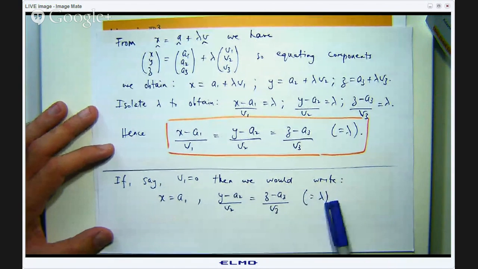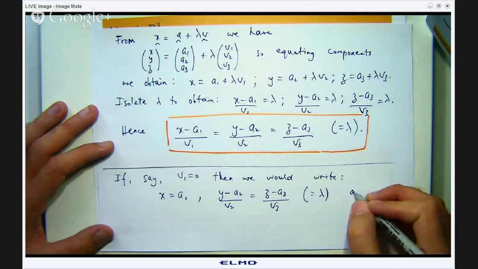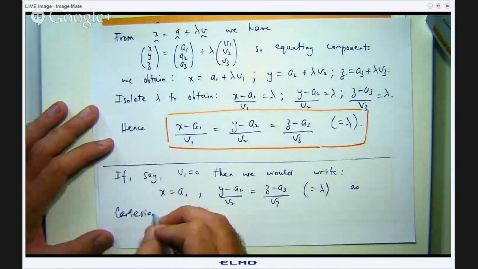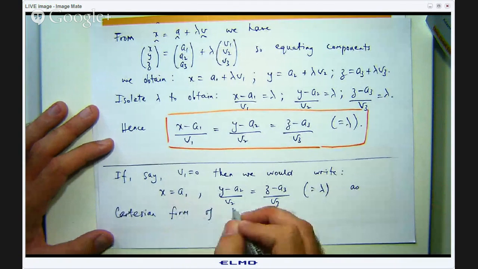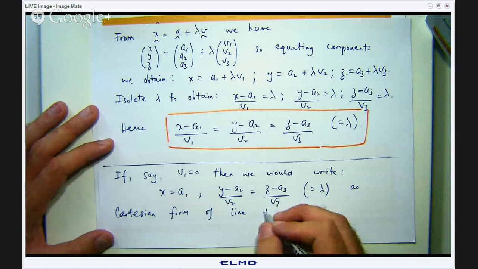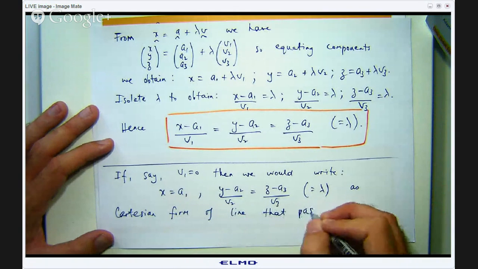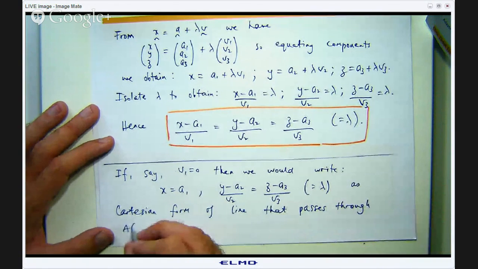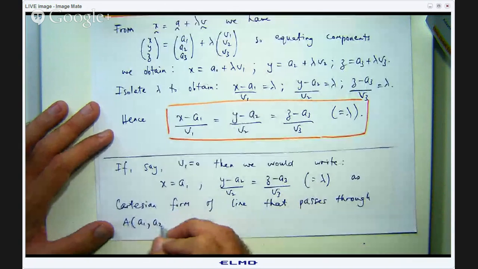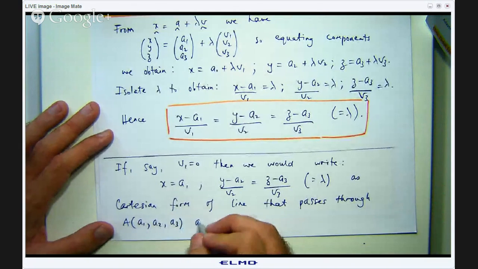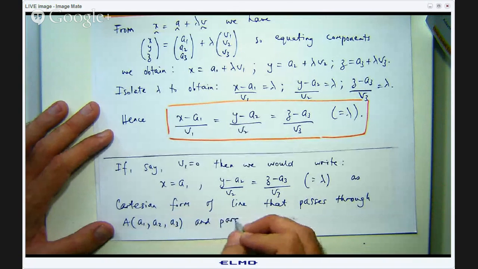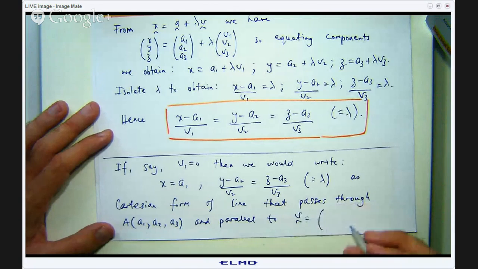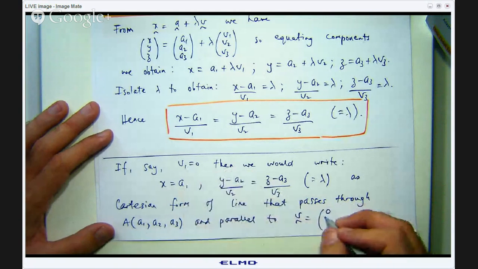All right, so this then would be the Cartesian form of the line that passes through the point a1, a2, a3 and is parallel to the vector v, which has a 0 first component, v2, v3.